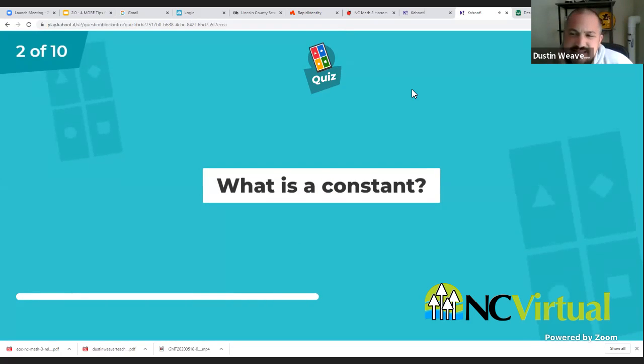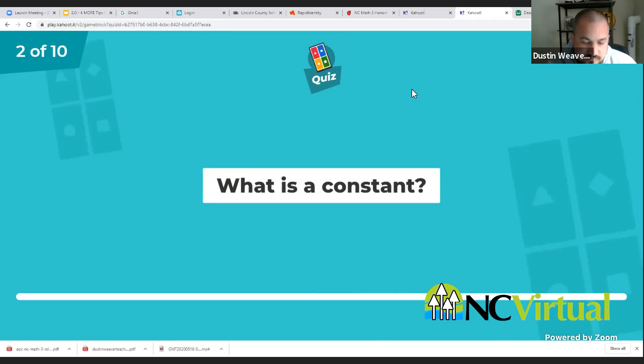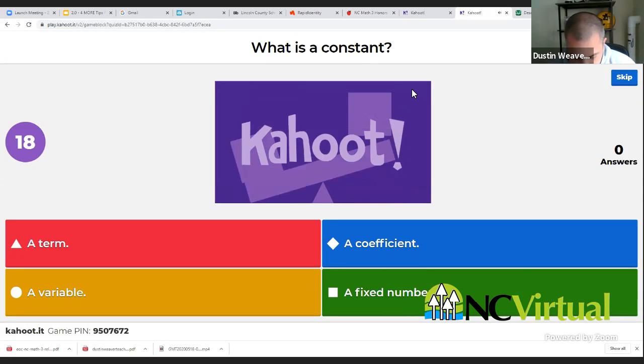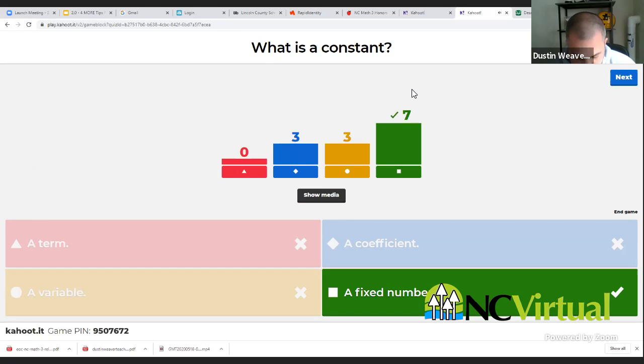Question 2, what is a constant? A constant is a fixed number.